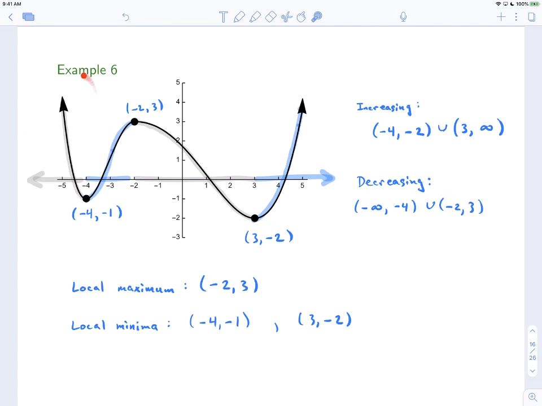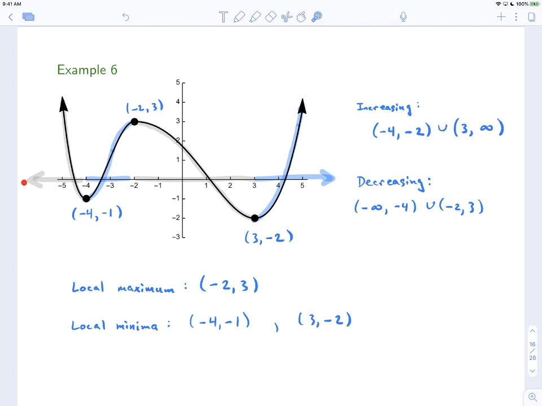Now you also want to be careful about this because on the left here, from -infinity to -4, the function is decreasing. So don't be thrown off by the fact that the arrow is pointing up. That's just to give us some idea geometrically of what the shape looks like. The shape of this graph is continuing off in this direction as x goes to -infinity. However, when we're talking about increasing versus decreasing, we're asking what happens to the y values as x goes from left to right.